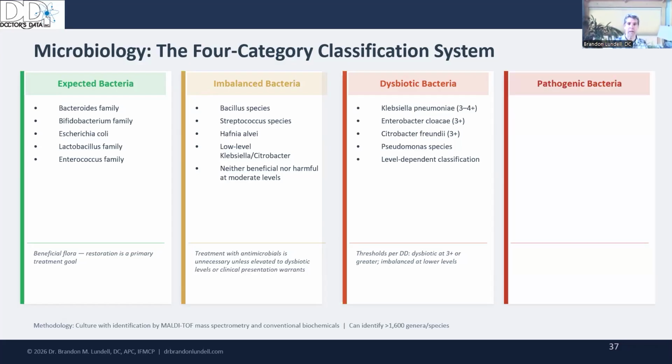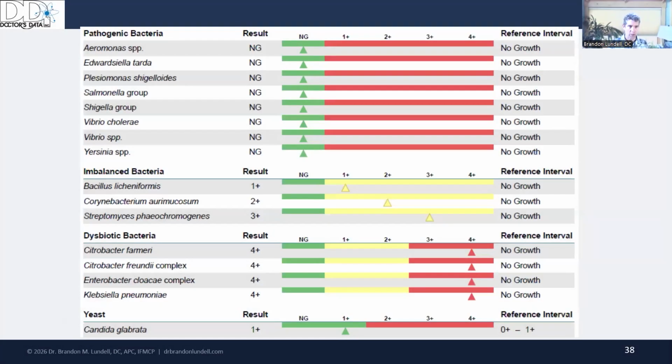And then there's a few pathogenic bacteria that are just positive or negative. If it's there, it's pathogenic, whether it's a 1 plus, 2 plus, or 3 plus growth. And this is what that looks like. You get your pathogenic bacteria. If it's there, it triggers a dysbiotic score. And then you get your imbalanced bacteria. What grows? What's actually growing on a Petri dish?